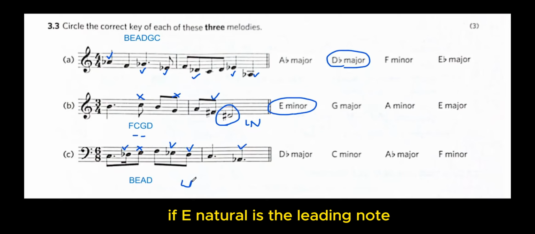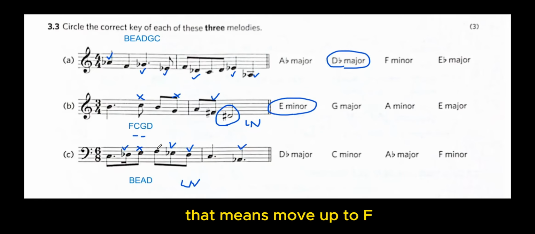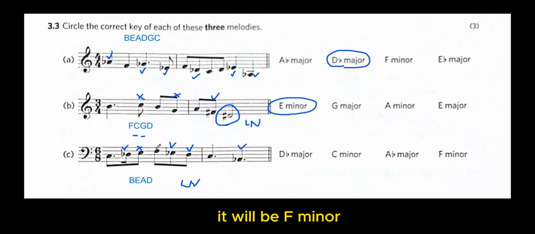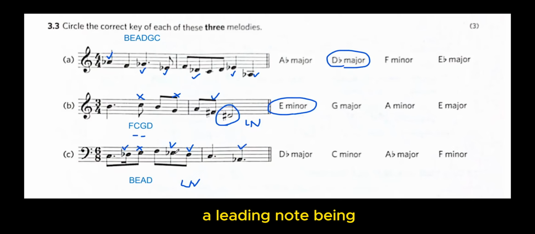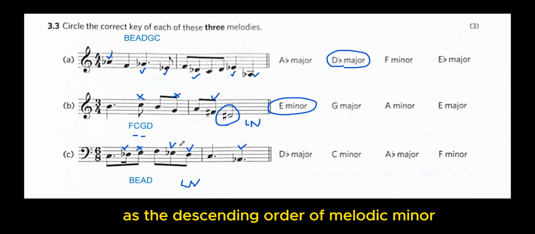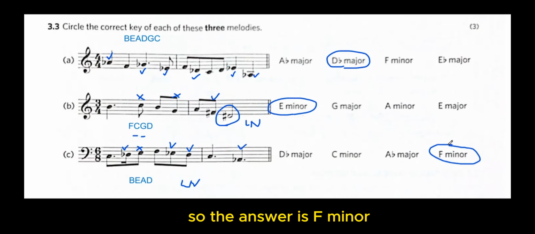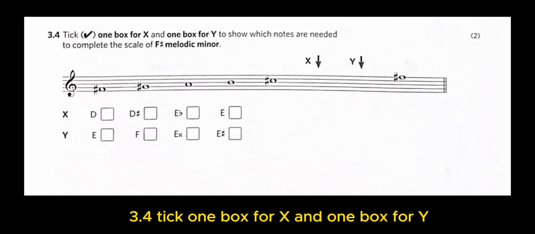If E natural is the leading note, that means move up a half step to F, it will be F minor. We can also explain the descending order of F minor, the leading note being flattened as in the descending order of melodic minor. So the answer is F minor.